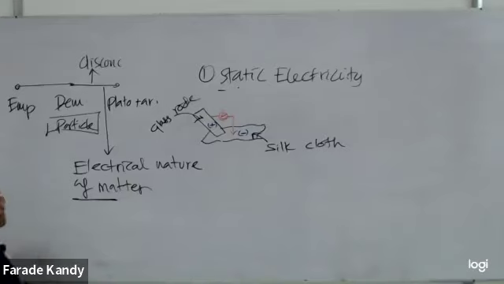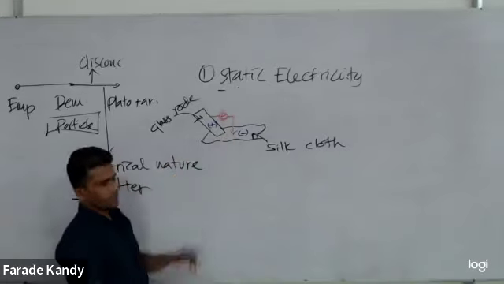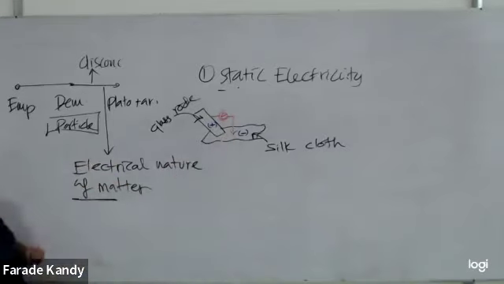Show the charges and everything, the electron movement and the charges. Use different colors, then the diagram will be clear.